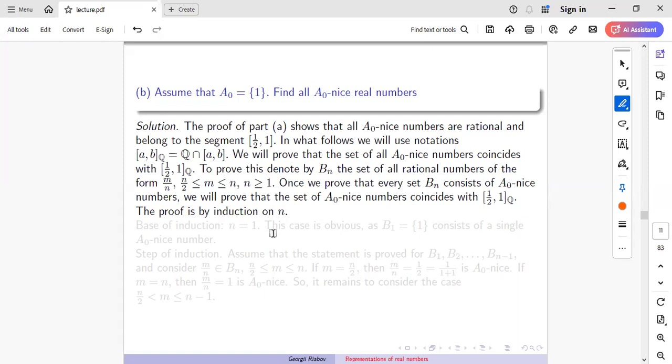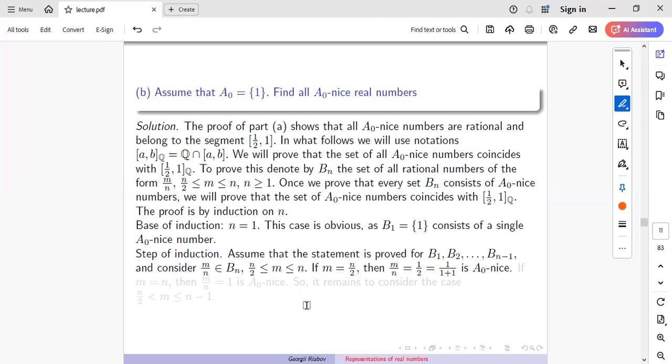And let's prove it by induction on n. The case n equal to 1 is obvious because B1 consists of a number 1, which is A0 nice. In fact, we already proved that all numbers from B1 to B6 are A0 nice.